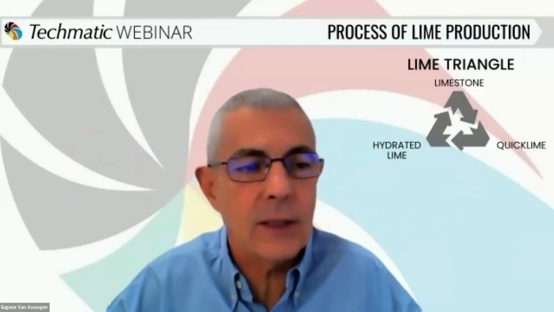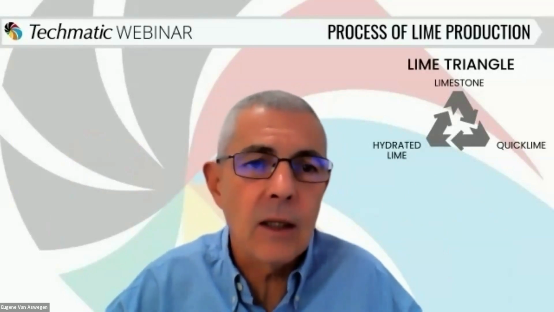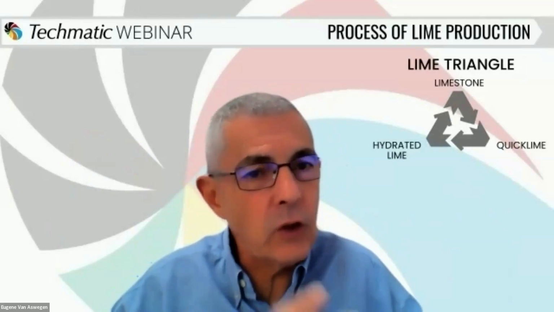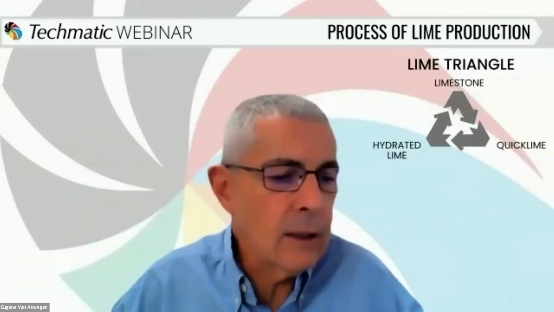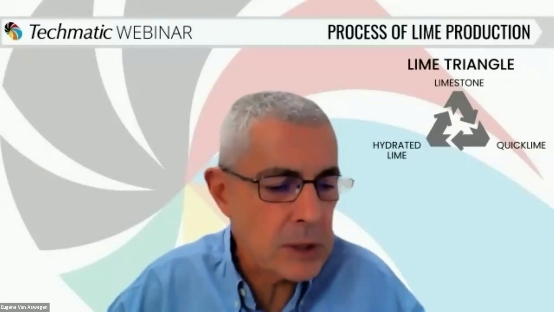If it's a dry, hot day, like it normally is, 89, 90% is quite achievable. So I just want to qualify that burnt lime is on average around 87, 88%.